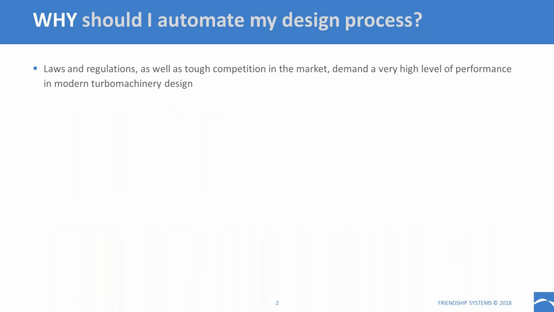First of all, laws and regulations, but also the competition on the market with other manufacturers demand, as you probably all know very well, a very high level of performance in the design of turbomachinery nowadays.